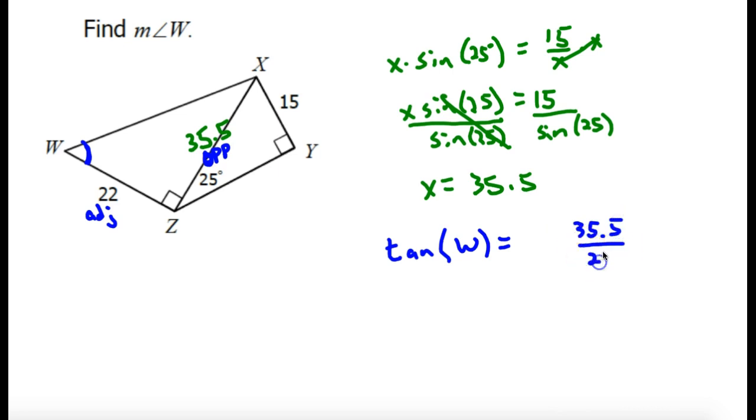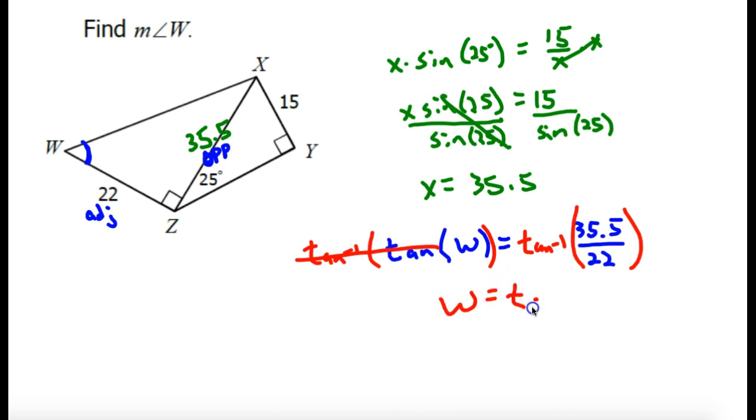over adjacent. To get W by itself, we're going to take the inverse tangent of both sides. These cancel out. We just get W equals the inverse tangent of 35.5 over 22.